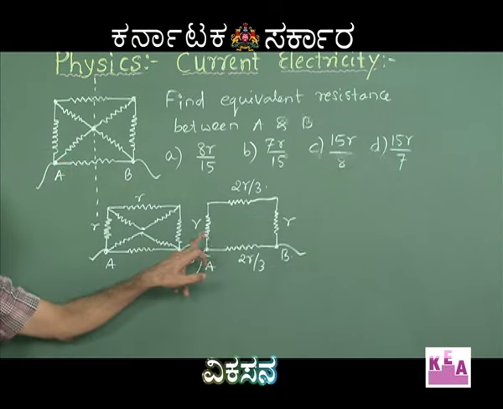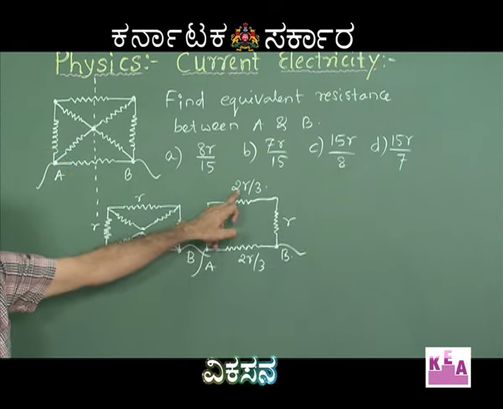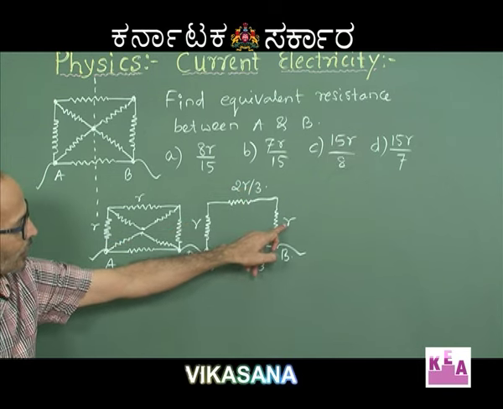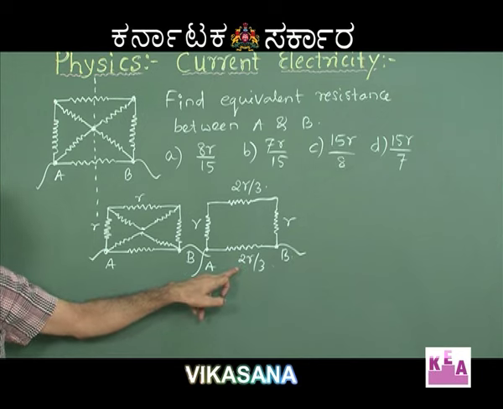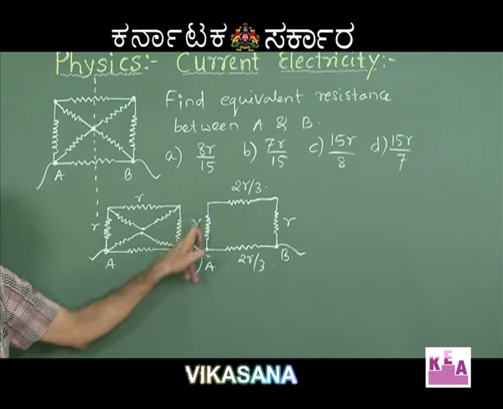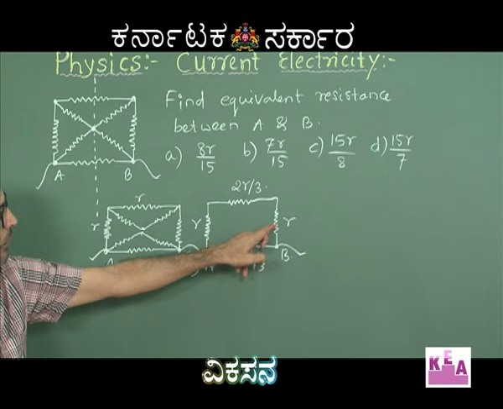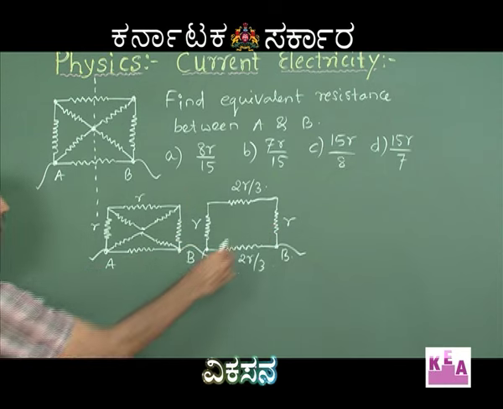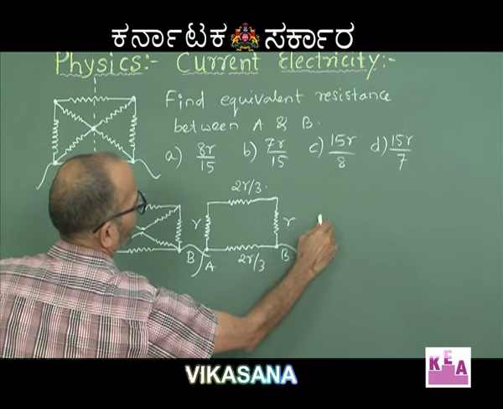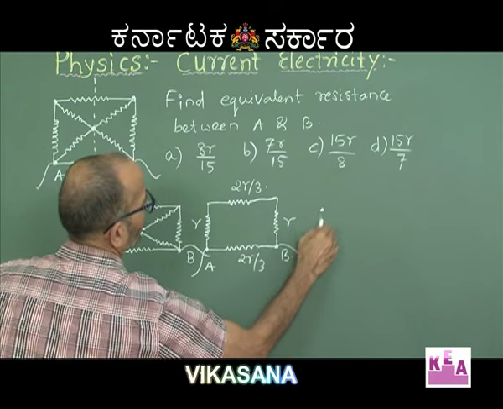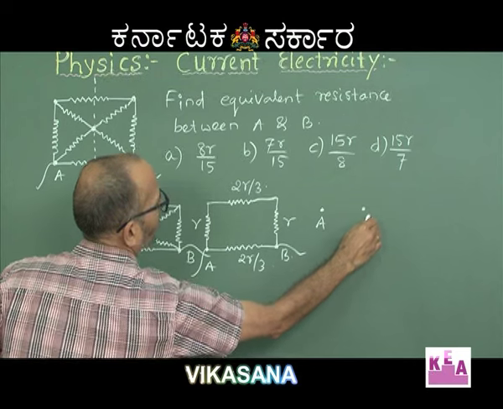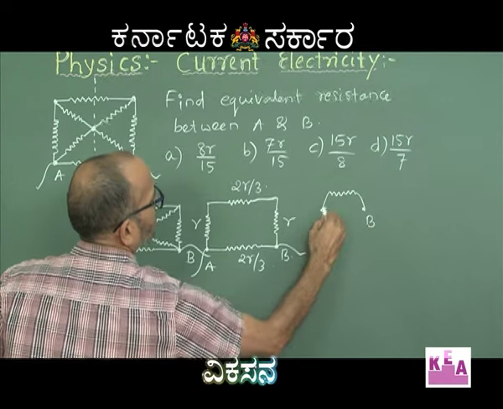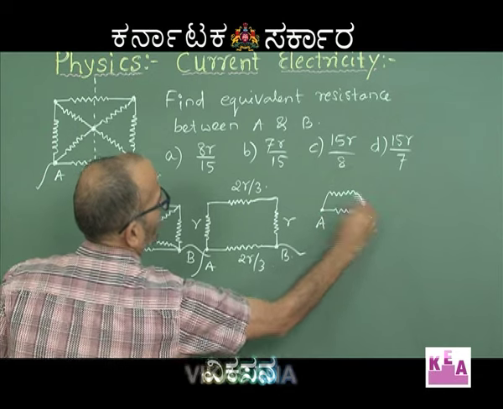Now if you finally see, this R, this 2R by 3 and this R are all in series, and then they are all in parallel with 2R by 3. So 2R by 3 plus 2R is 8R by 3. One more last simplification, I will try to do it here. This is your point A, point B, like this.